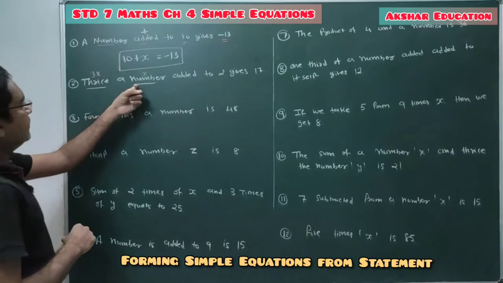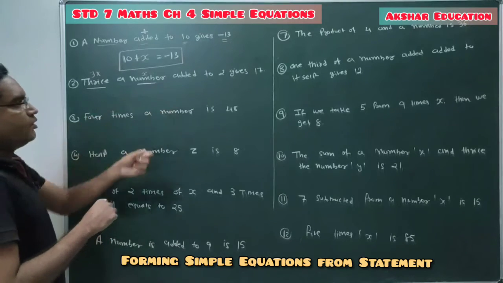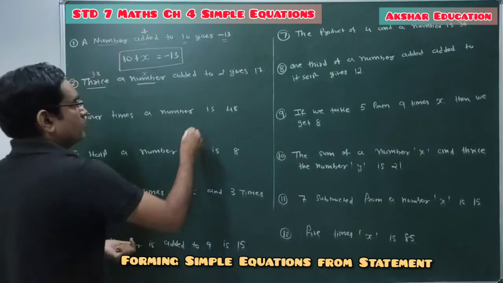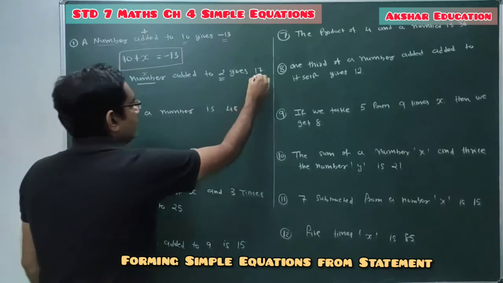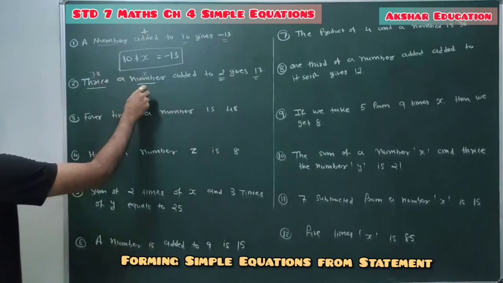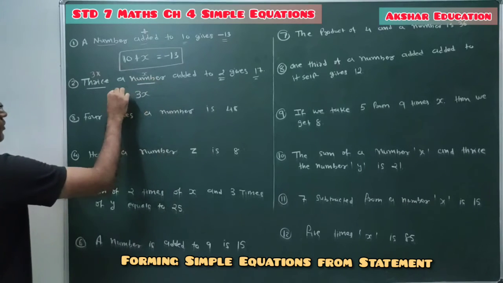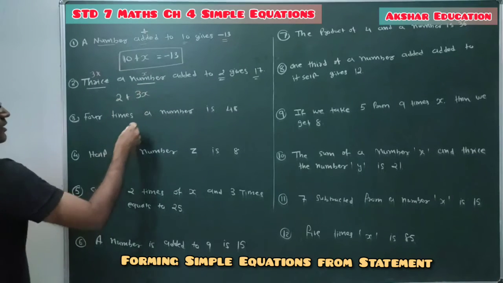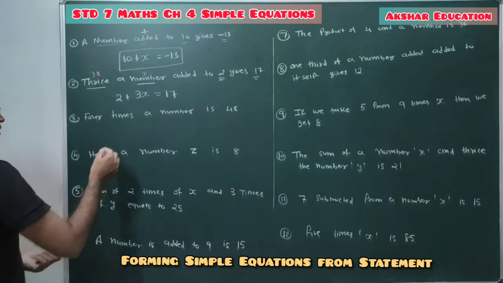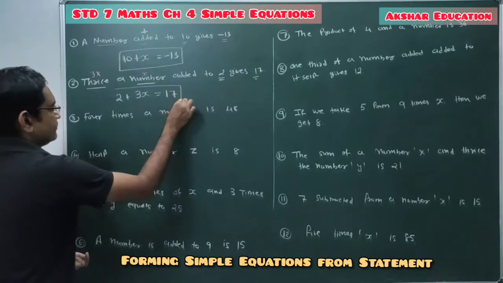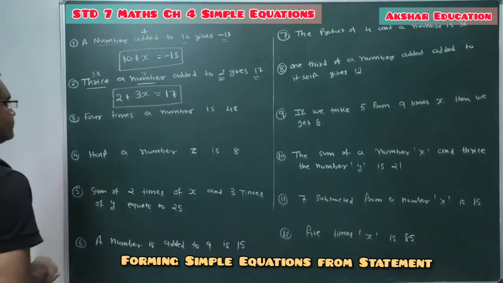So thrice a number, that means 3 times the number, so it's 3x added to 2 gives us 17. So this is our result. So 3 multiplied by x is added to 2, so it's 2 plus 3x gives 17. So this is a simple equation, and you can also write 3x plus 2 equal to 17.